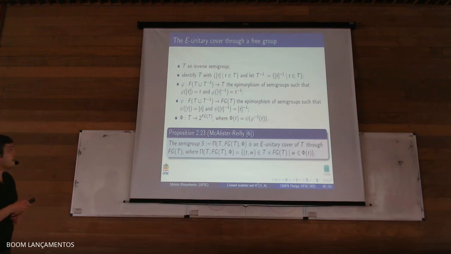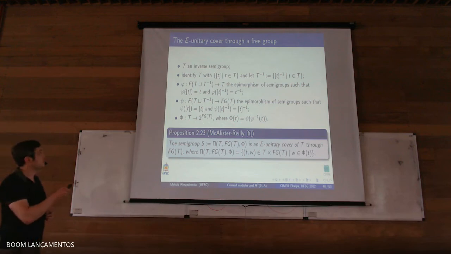And you also have another epimorphism, which sends this letter to the letter in the free group over the alphabet T. So you have two epimorphisms, to your T and to the free group over T. And this way you define phi capital as follows.